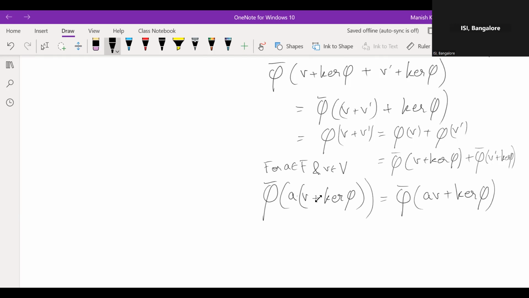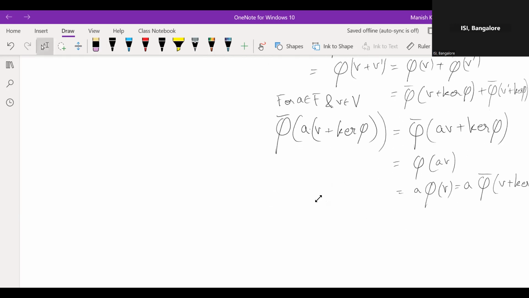This is how the field element multiplies. By definition of phi bar, this is just phi of AV, and phi is a linear map, so the A pulls out. It's A times phi V, which is A times phi bar of V plus kernel phi. So phi bar behaves well with respect to multiplying by field elements. These two together prove that phi bar is linear.